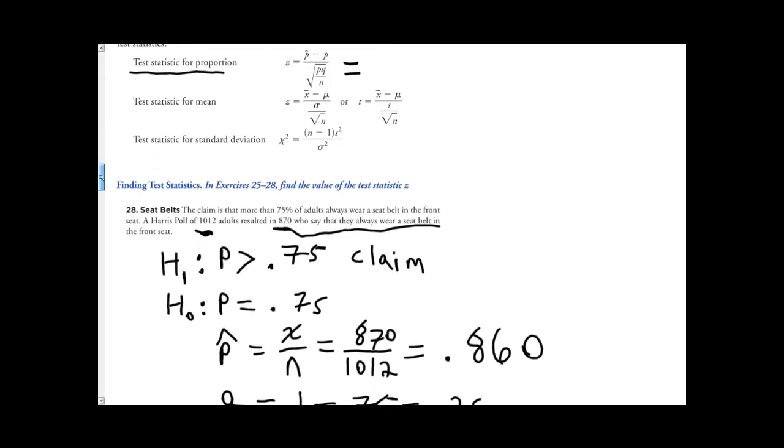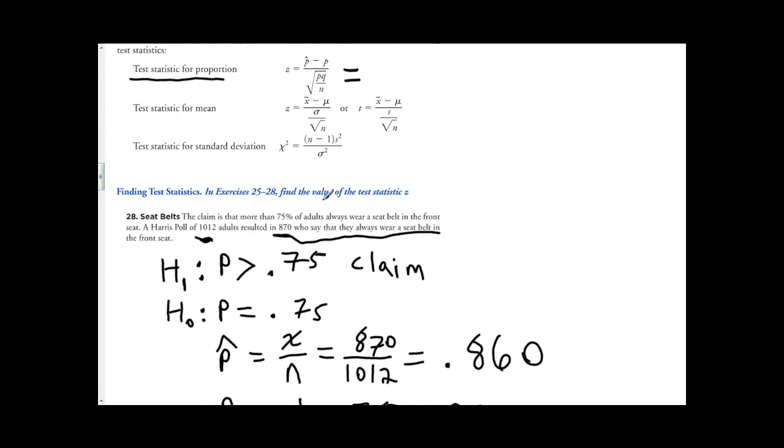The test statistic is equal to p hat minus p over the square root of p times q over n. P hat we found to be 0.86, minus p, which is 0.75, divided by the square root of p, which is 0.75, times q, which is 0.25, divided by n.